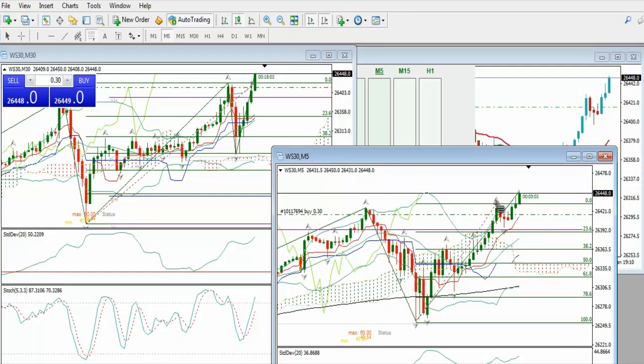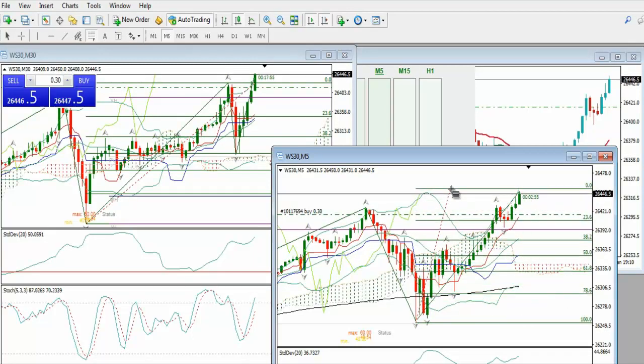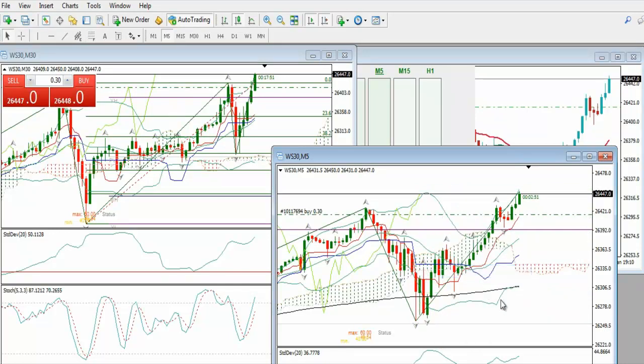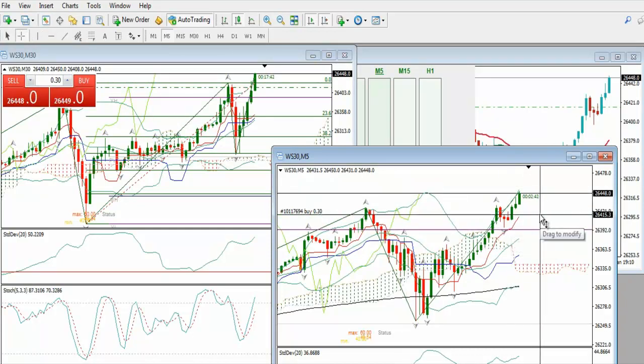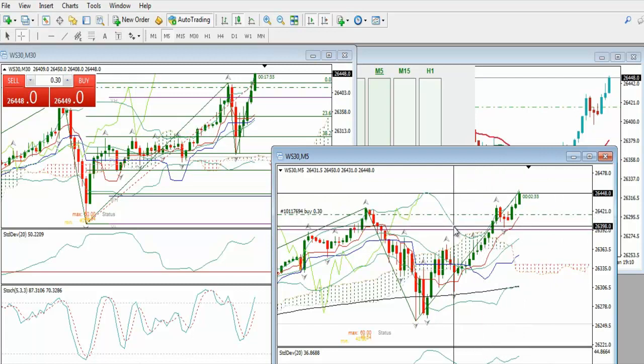This here was 23.6. It's a small retracement, so it can't continue. So we have to wait for a major retracement to be sure of that. At this point now we are about 15, 30, about 35 pips in profit.